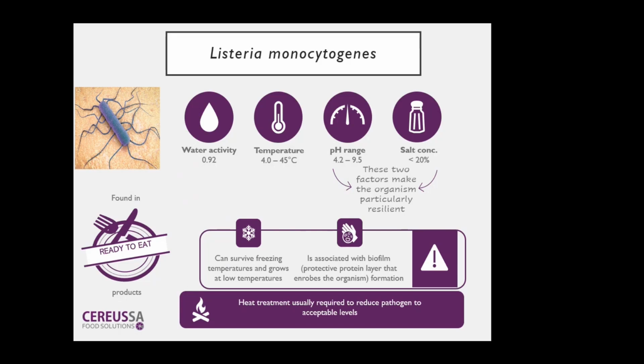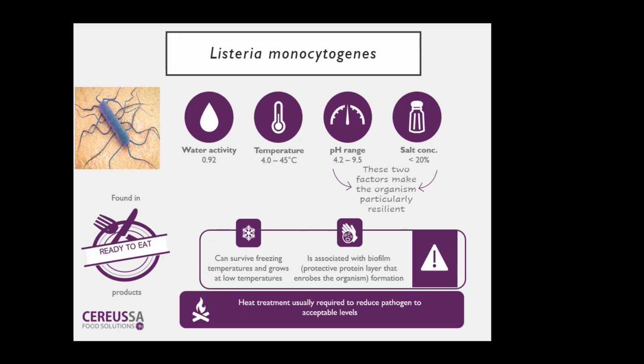For their pH range, they can grow between 4.2 and 9.5 pH. So that is quite acidic and quite alkaline. And also, they can grow in quite a high salt concentration. So even if a product contains quite a lot of salt, this microorganism will still be able to grow.